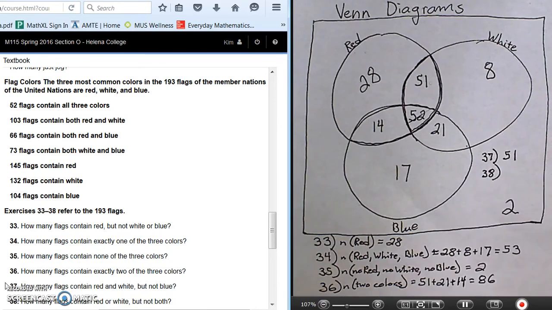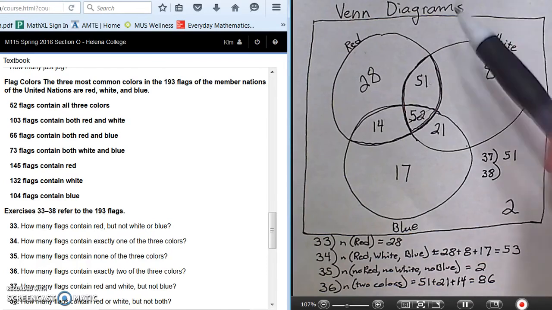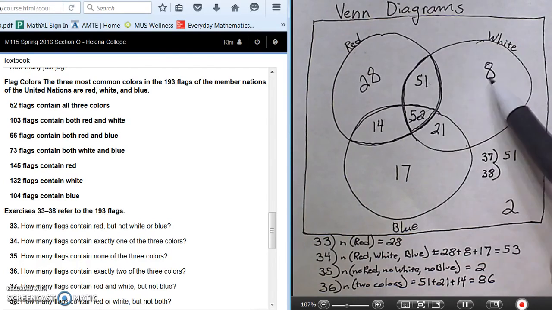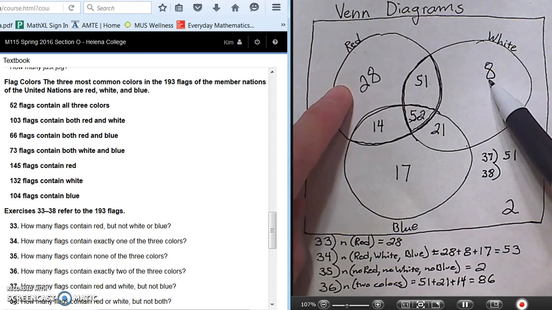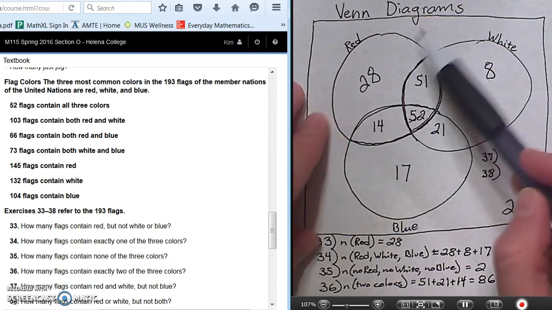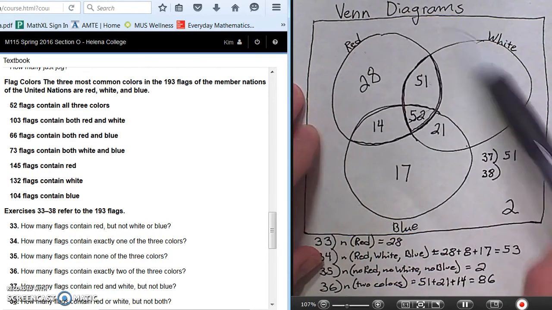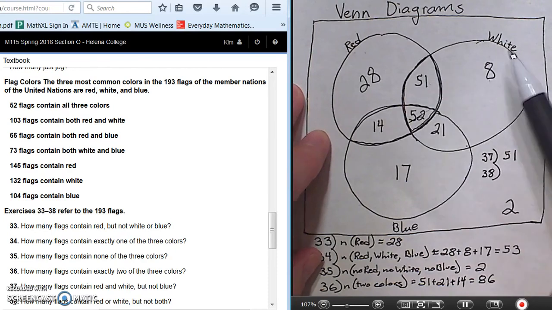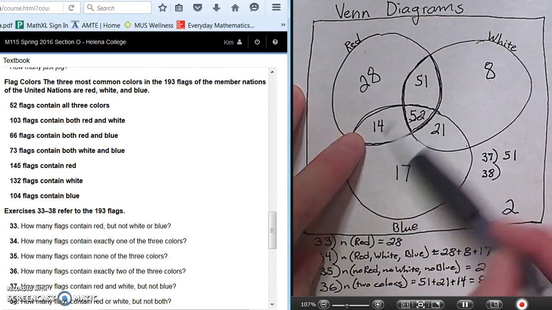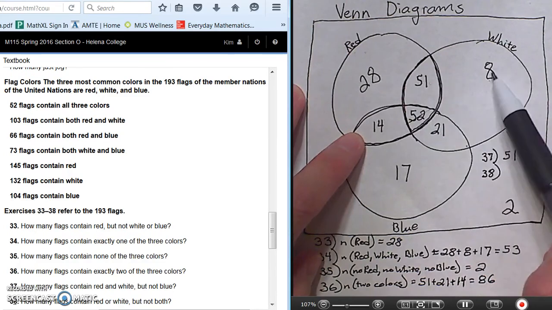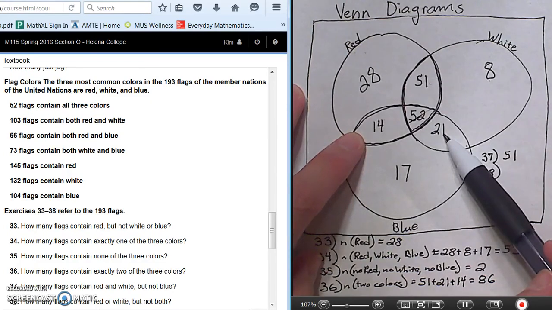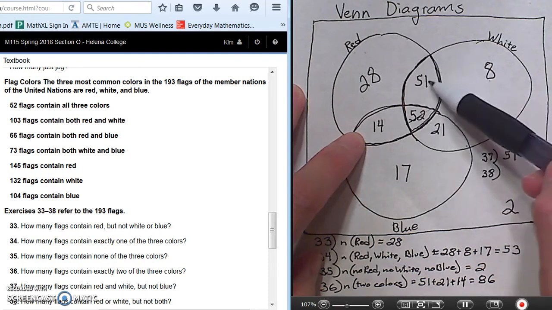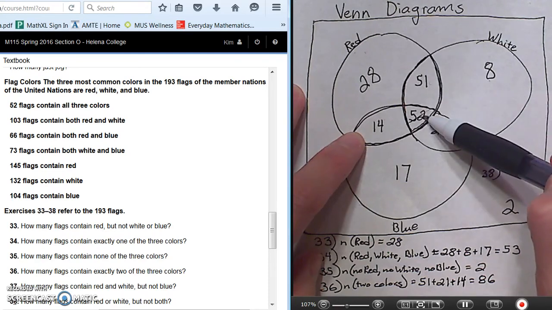Number 38. How many flags contain red or white, but not both? Now there's a lot of values here that are in the red and white section. There's 28, 14, 51, 52, 8, and 21. I don't want to count the 51 and 52 because those flags have both red and white.